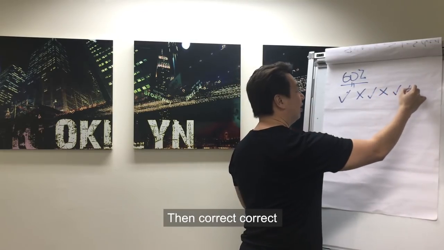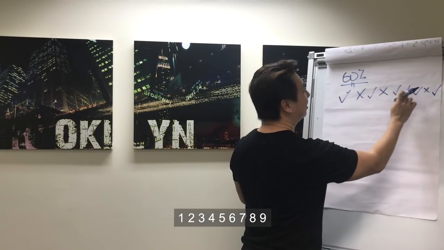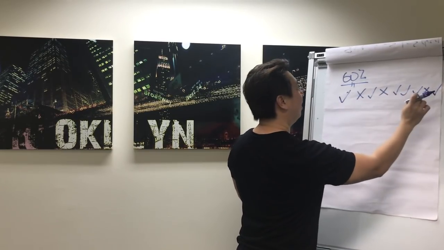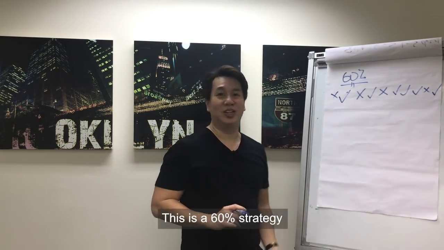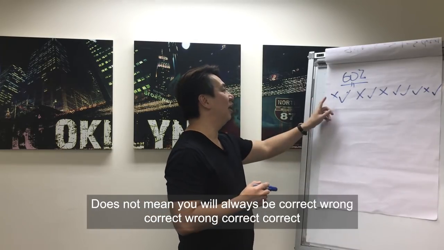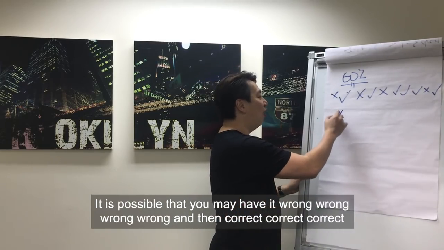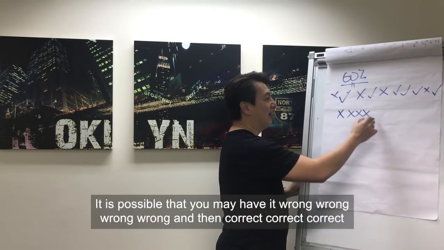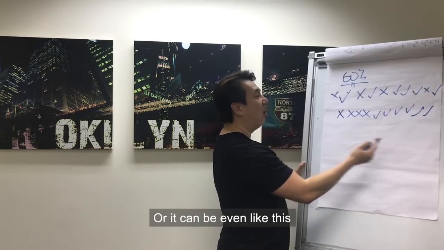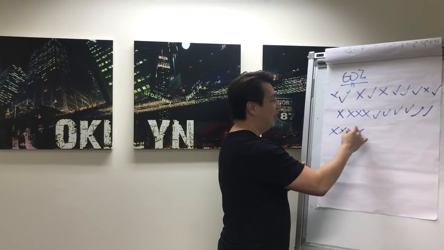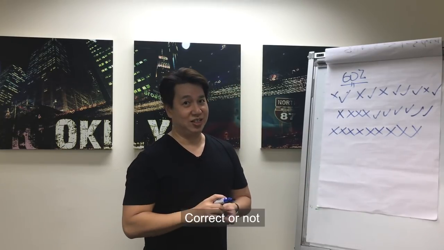Out of 10 trades, 6 are correct and 4 are wrong. It does not mean you will always go correct, wrong, correct, wrong. It is possible that you have a string of wrong trades and then correct. Or it can be even like this: you keep having a string of losses, even though you have a 60% strategy.